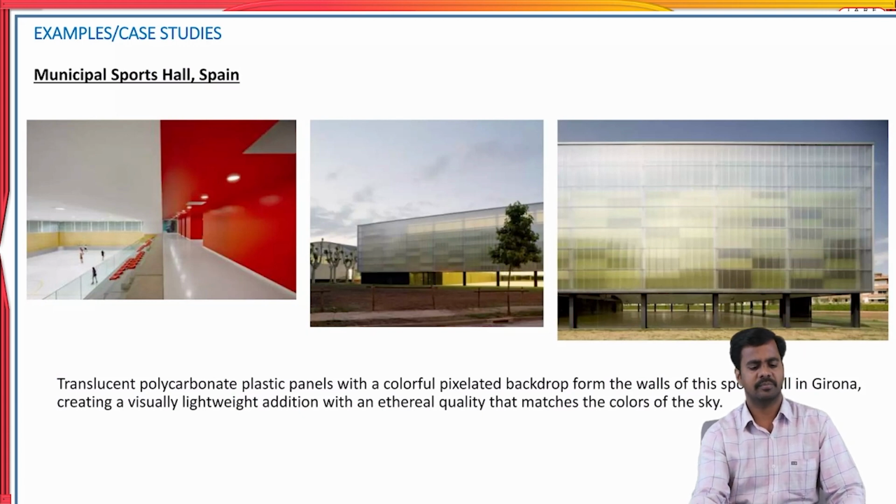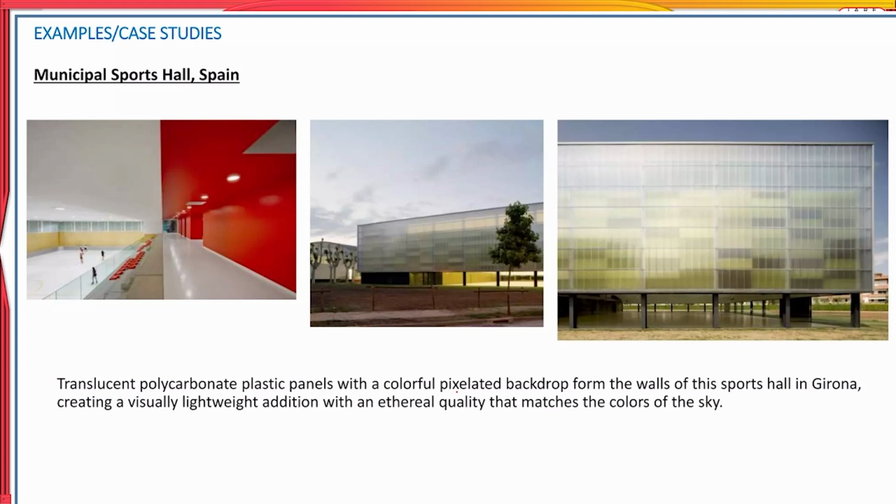Here we can see transparent polycarbonate plastic panels with a colorful backdrop on the walls of a sports hall, creating a visually lightweight addition with an ethereal quality that matches the colors of the sky.